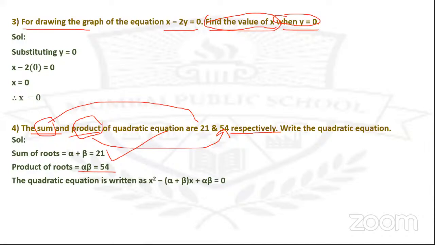The formula is x squared minus (alpha plus beta)x plus alpha beta. Now I'm just going to substitute 21 in place of alpha plus beta and 54 in place of alpha beta. So the equation is x squared minus 21x plus 54 equals 0. Very simple. Understand?